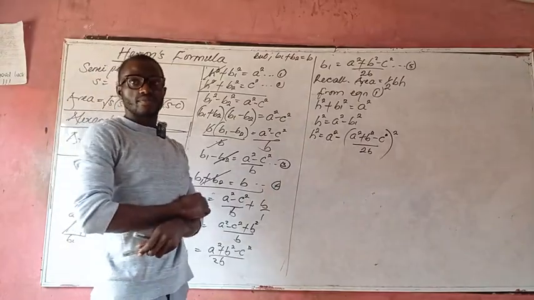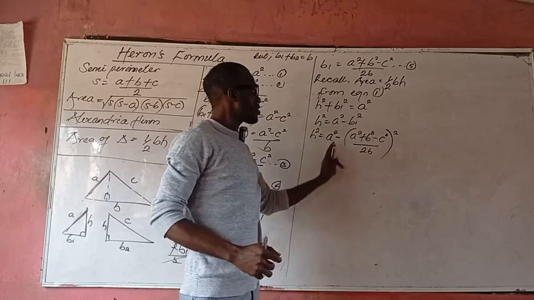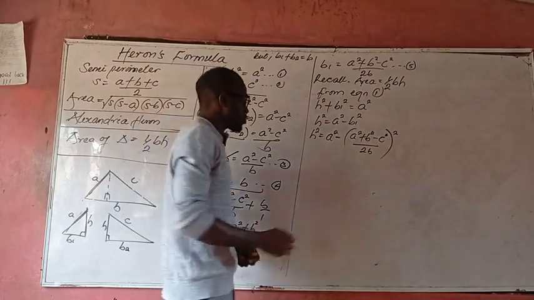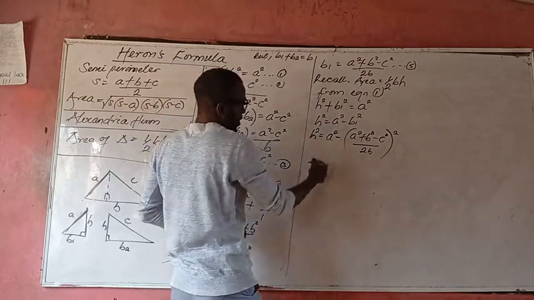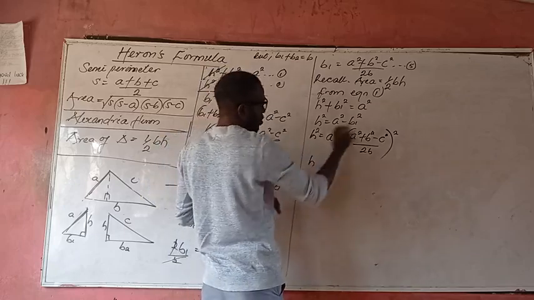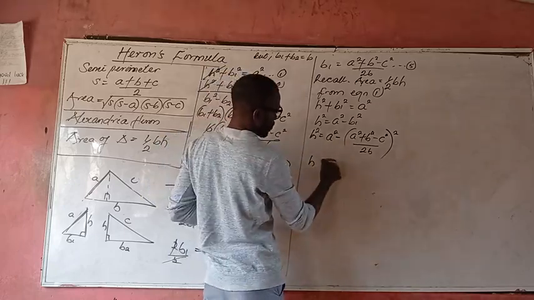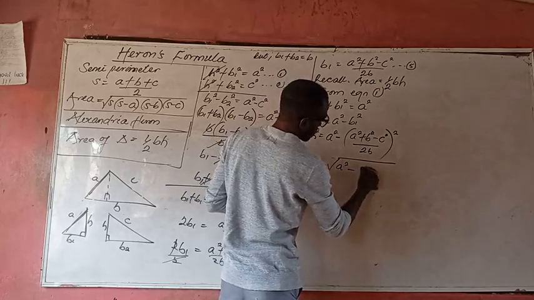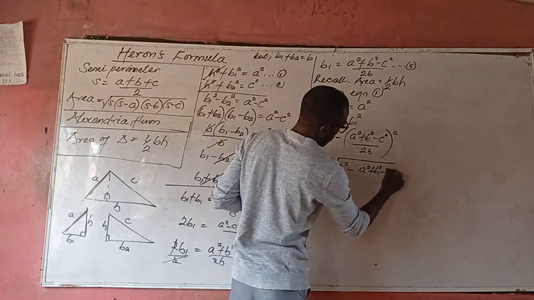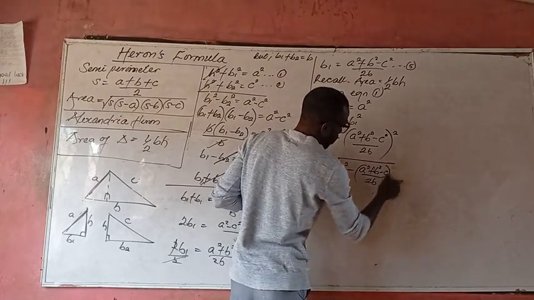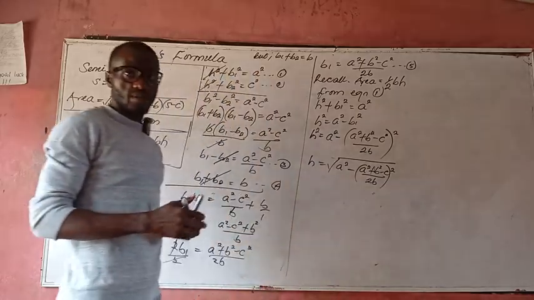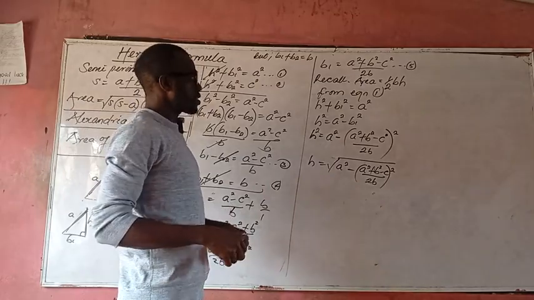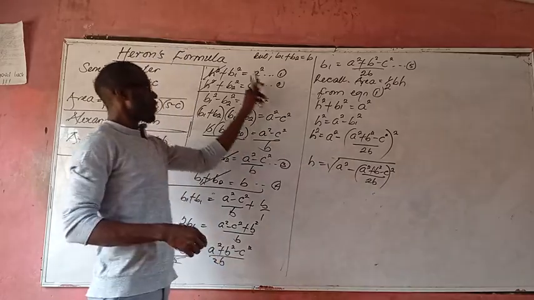Do you agree? B1 is this, so everything squared. Since we have an expression for H squared, H will now be equal to, taking the square root of both sides, the square root of A squared minus ((A squared + B squared - C squared) over 2B) all squared. Is it making sense? Okay.